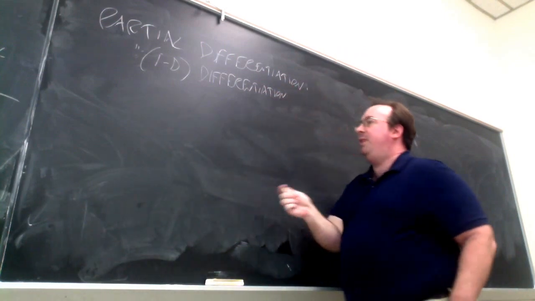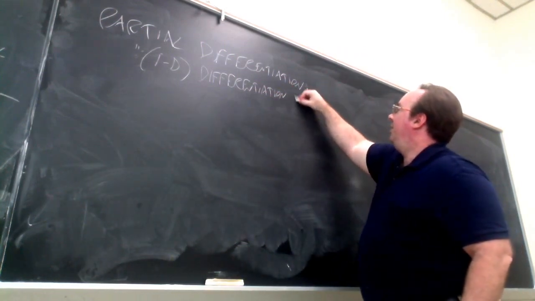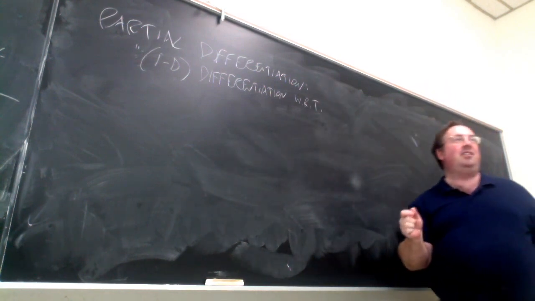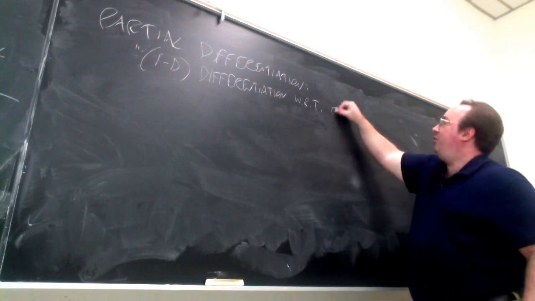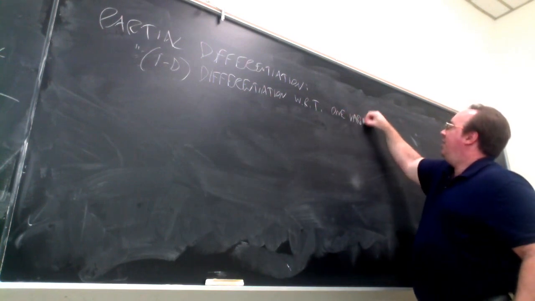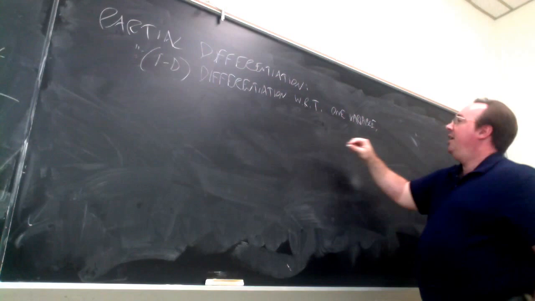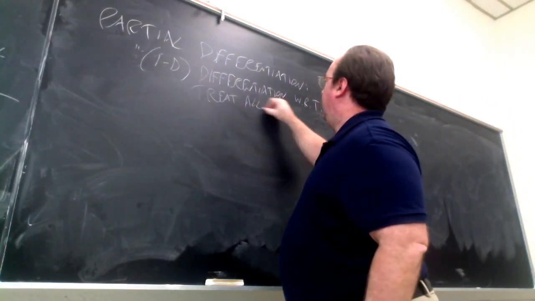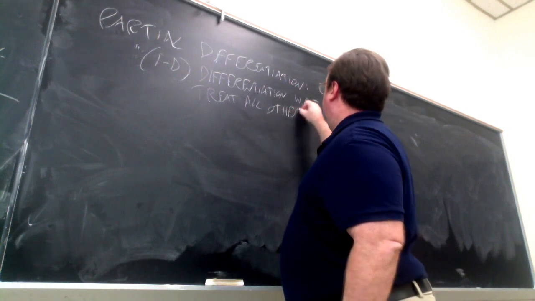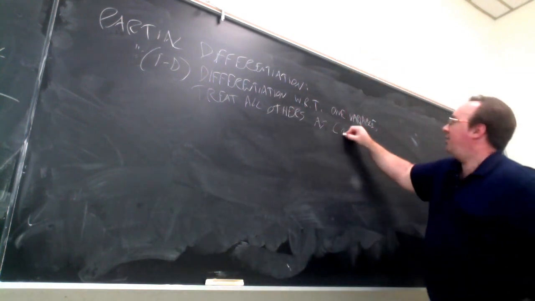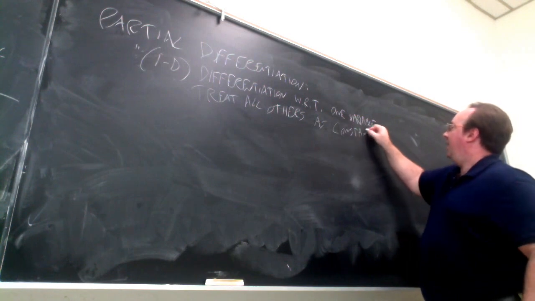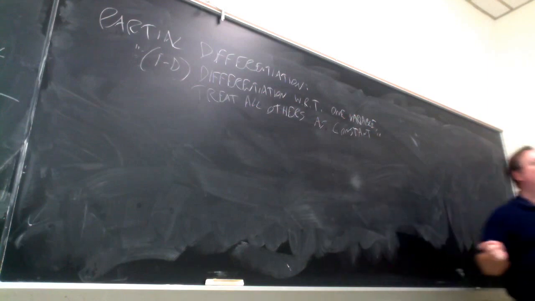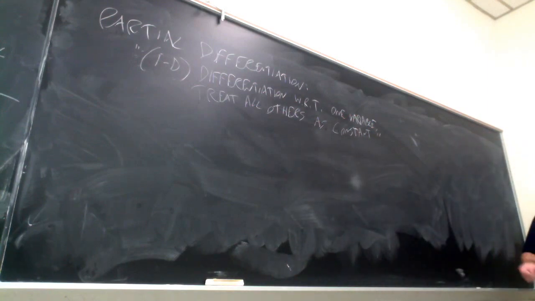So this would piggyback off of that knowledge, so hopefully you retained it. With respect to, I'm not going to write out with respect to, it's WRT in this class, get used to it. With respect to one variable, whichever one you need at that time, and you treat all others as a constant. And as you should know from Cal 1, derivative of a constant is going to be 0.